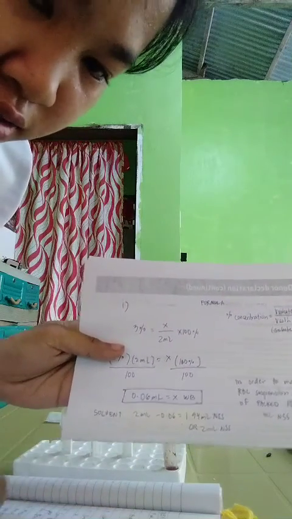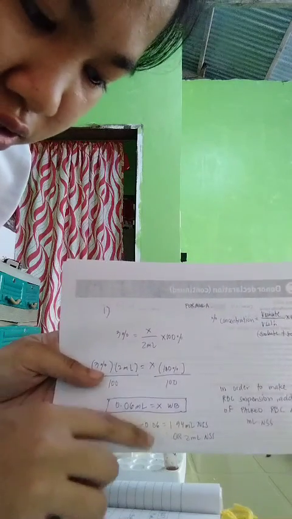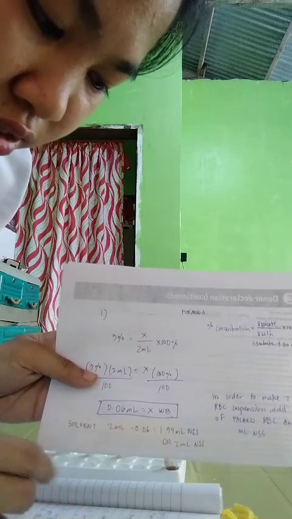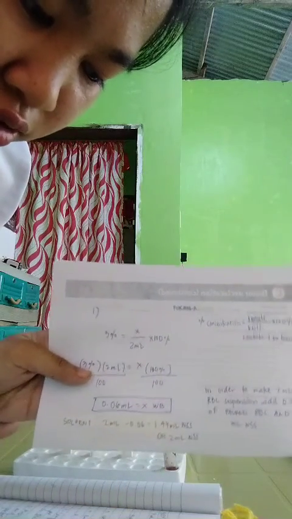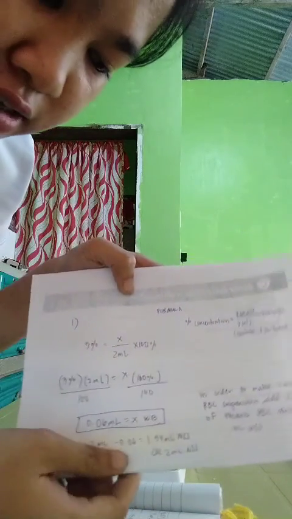Next, we need to get the solvent. So 2 ml minus 0.06, which is the whole blood, is equals to 1.94 ml of NSS, or shall we say 2 ml of NSS. We have now here 2 ml of NSS for number 1.